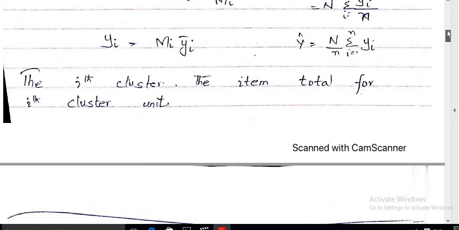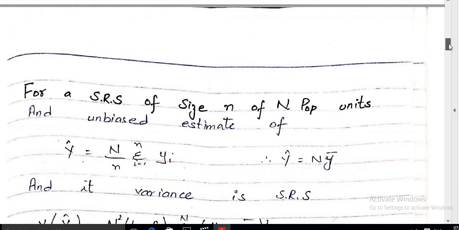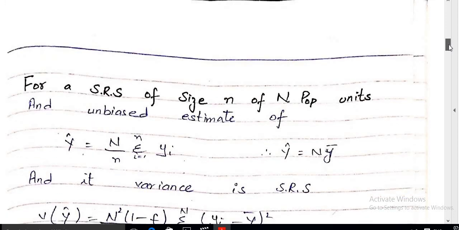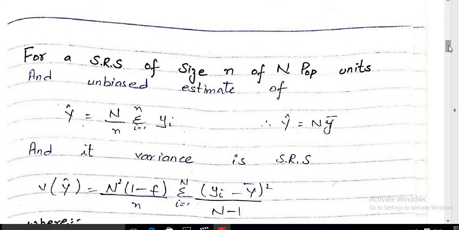This estimates the total of the units in the ith cluster. For simple random sampling of size n, the unbiased estimate y hat is equal to capital N divided by small n, the sum of i from 1 to n of yi. This is the way we find the total in simple random sampling.